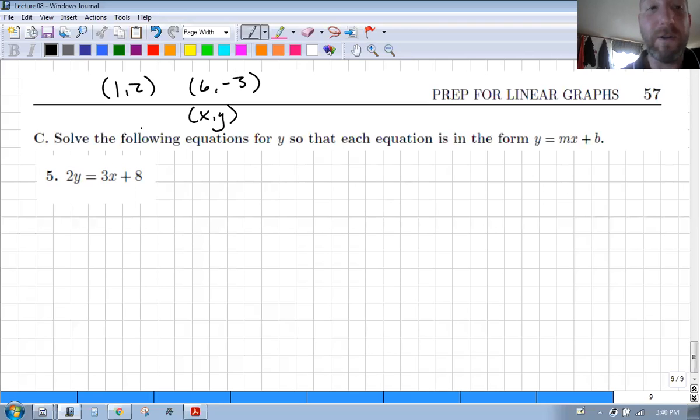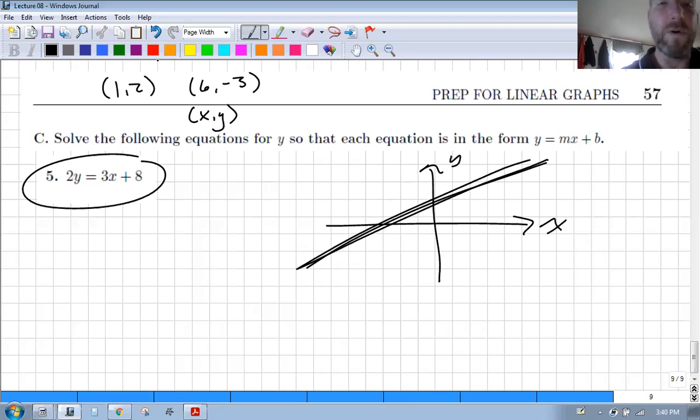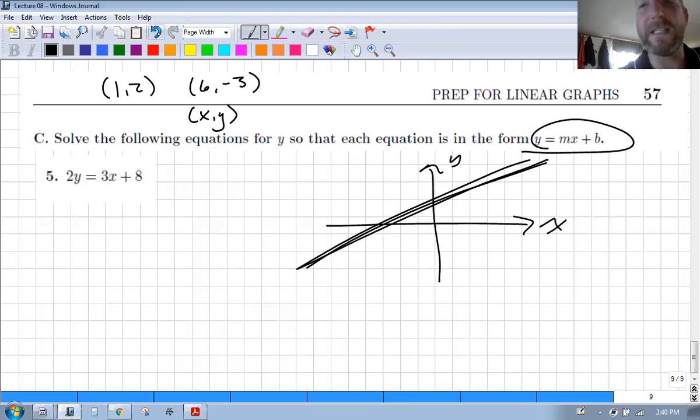But if you take all the solutions to this equation and plot them all, you're going to end up with something that looks like a straight line. So all these could be the solutions to this equation. So our goal here is to rewrite this equation in this form, so we can look at it and more easily see what the line is.